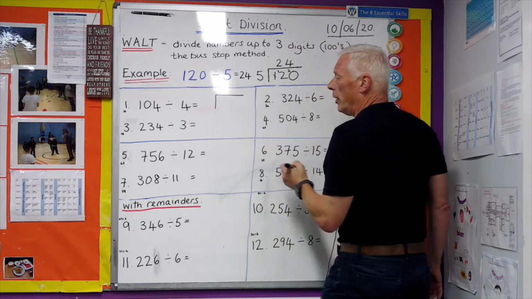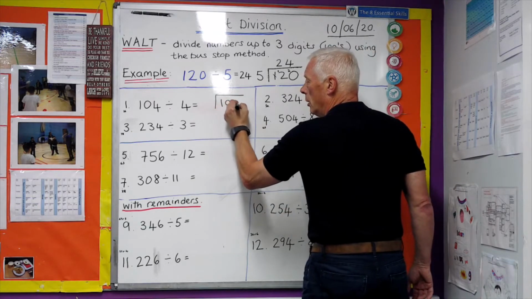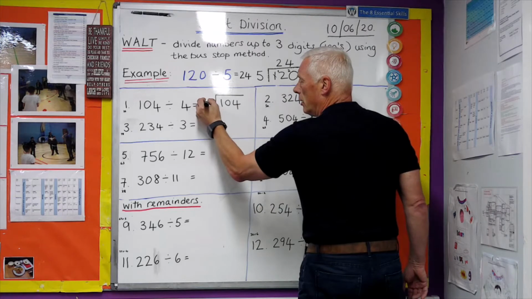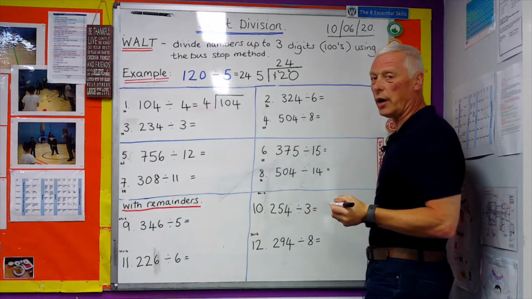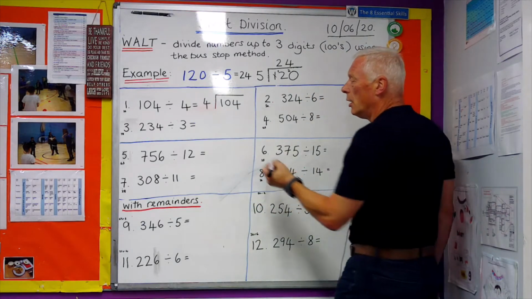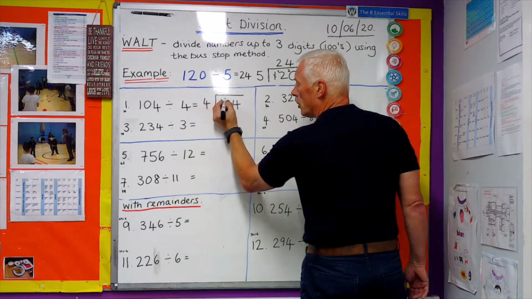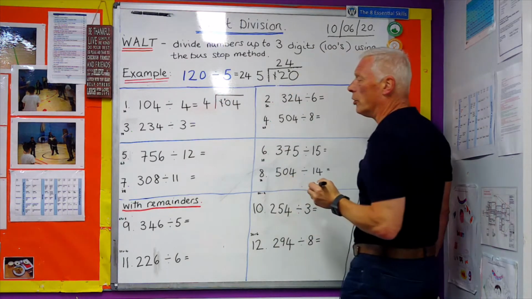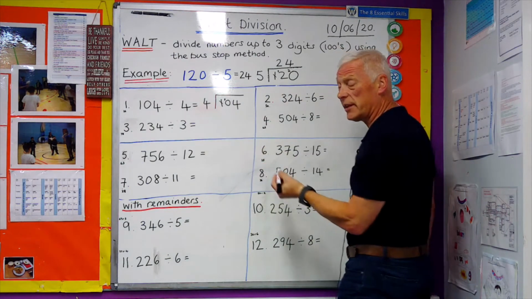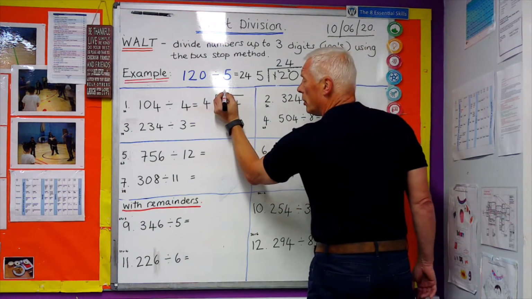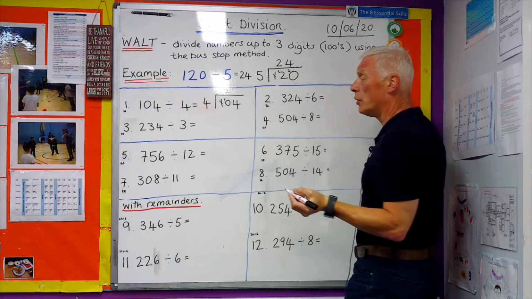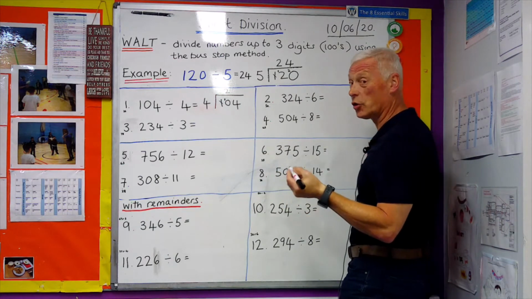All right, 104 divided by 4. Put the bus stop in, the number inside and the divisor outside. Okay, 4s into 1 don't go, so cancel the 1, put it above the 0. How many 4s in 10? That'll be 2. 2 4s are 8, so that leaves 2 remainder.